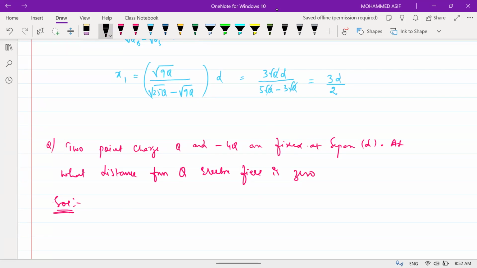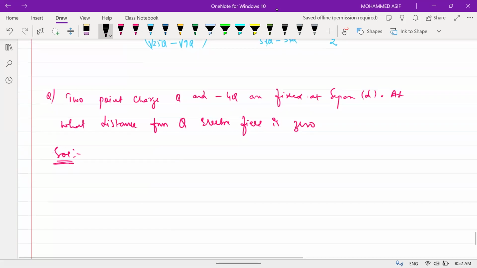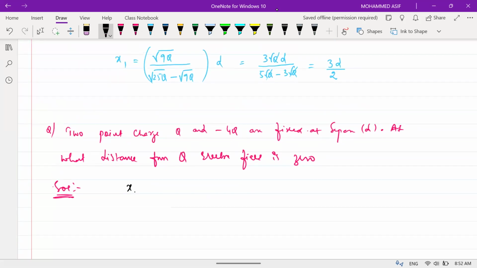Half d? How? x1 is equal to root q divided by, another one is root of 4q, minus root q, into d.